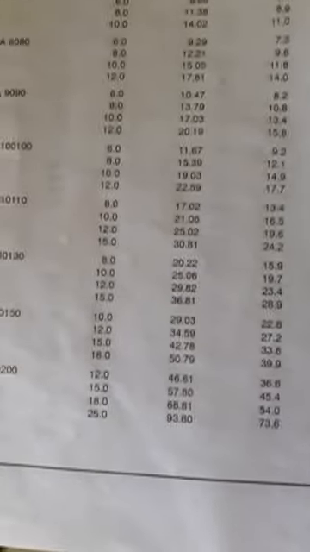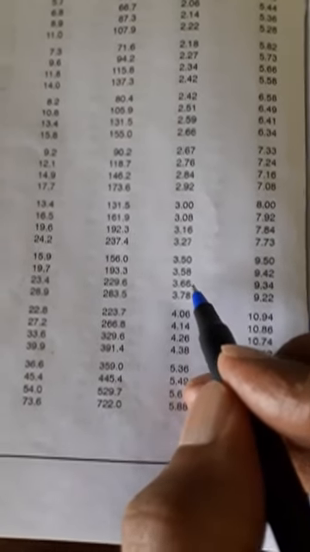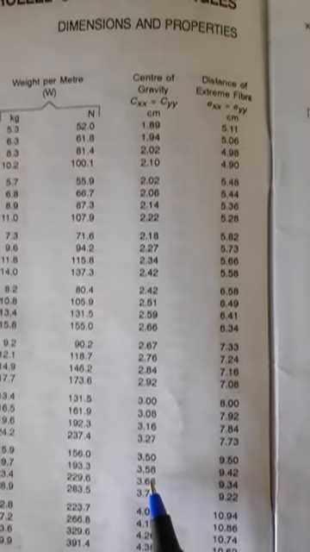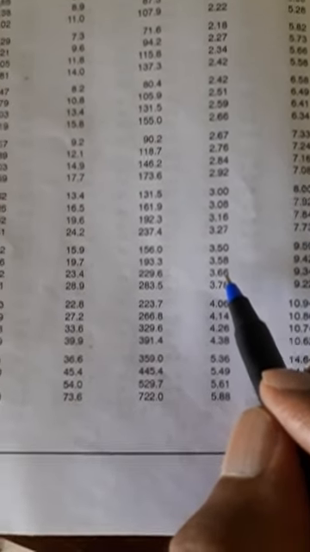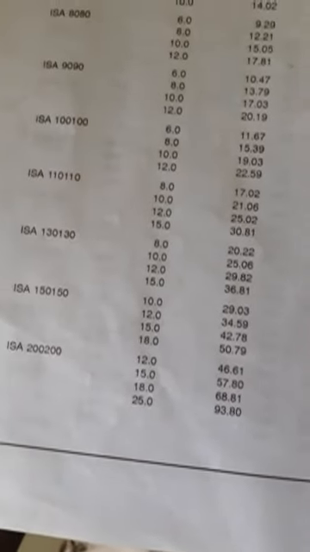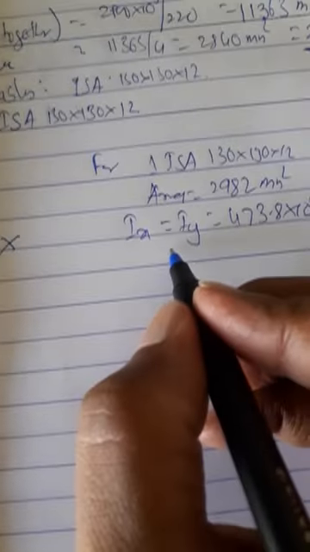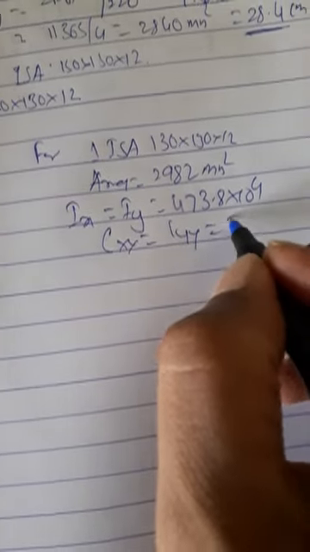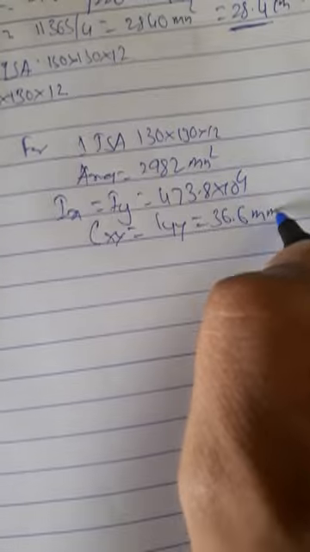So Cyy for 130 by 130 by 12 is 36.66, this value. Cxx and Cyy are the center of gravity distances. For 130 by 130 by 12, I have the value 36.66 mm. So Cxx is equal to Cyy is equal to 36.6 mm.